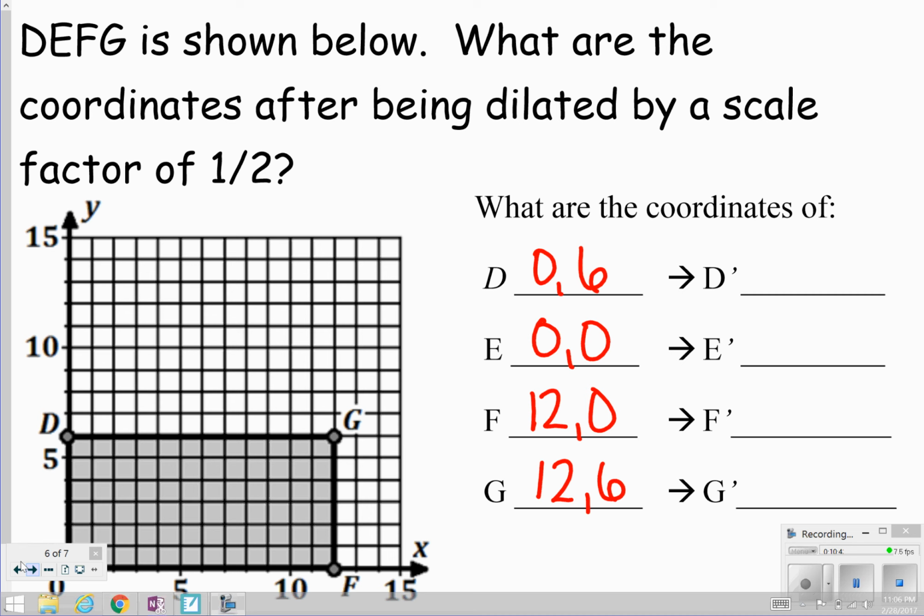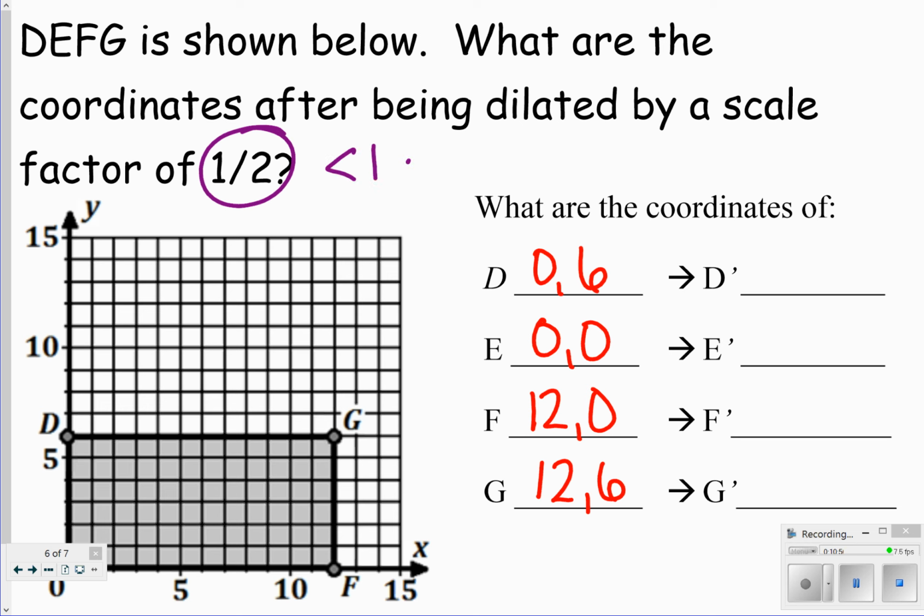Our next example says that we're going to multiply the rectangle by a scale factor of 1/2. Since this is less than 1, that means we are going to divide to get it. And our new image should be smaller than the pre-image was.